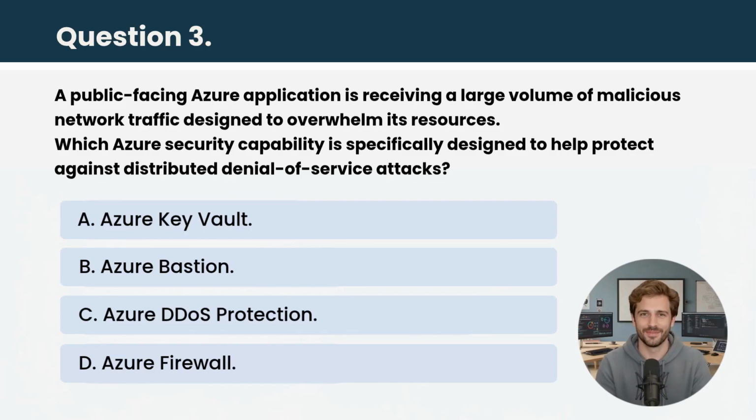Question 3. A public-facing Azure application is receiving a large volume of malicious network traffic designed to overwhelm its resources. Which Azure security capability is specifically designed to help protect against distributed denial-of-service attacks? A. Azure Key Vault. B. Azure Bastion. C. Azure DDoS Protection. D. Azure Firewall.